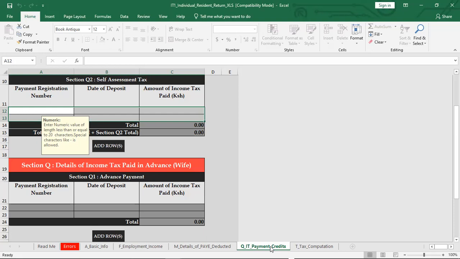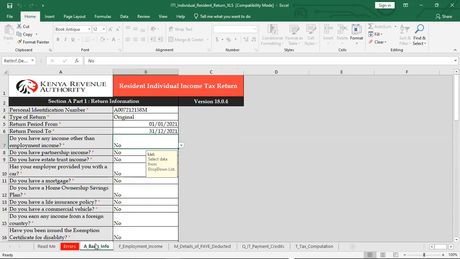So you remember when we were at the basic information, there is a place, column number 7: do you have any income other than employment? So if you say yes, you have a business, you have other sources of income, they are also supposed to be taxed.